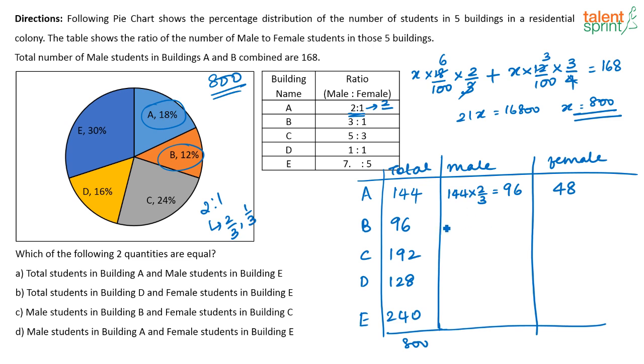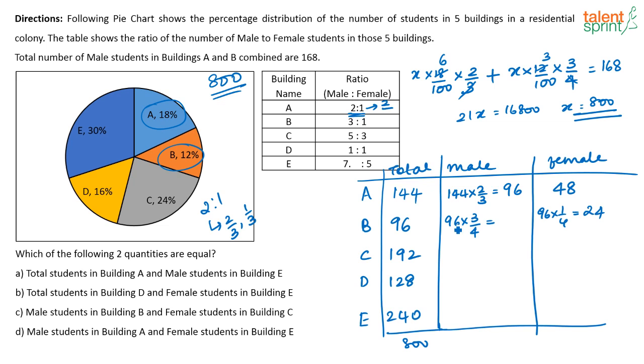Next, in building B, male is to female is in the ratio 3:1. So out of this 96, 3/4 are male and the remaining 1/4 are female. So how many male members and how many female members are there here? 96 into 1/4 is 24.